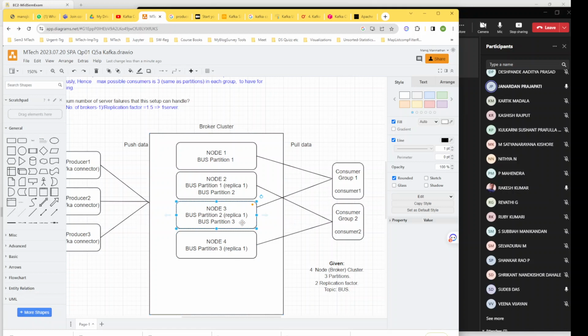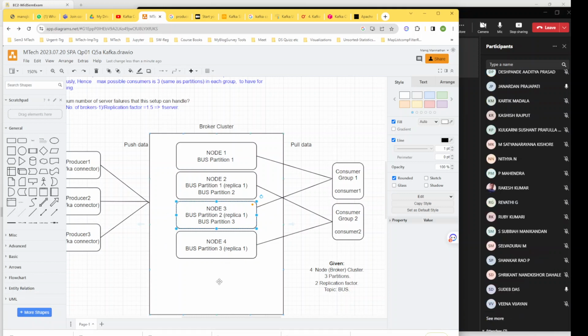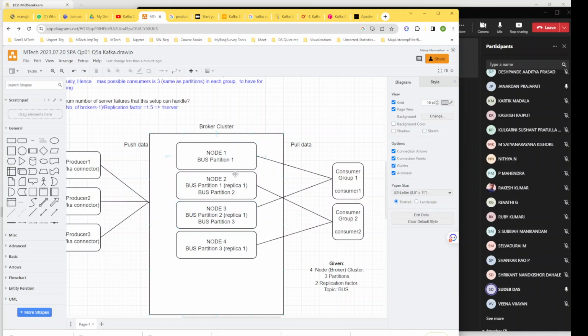So if we lose two nodes, is it possible? Out of 3 and 4, suppose 1 is gone also. Yeah, that's right. That's why the answer came as 1.5, no? I think 2 node failure is still tolerable.